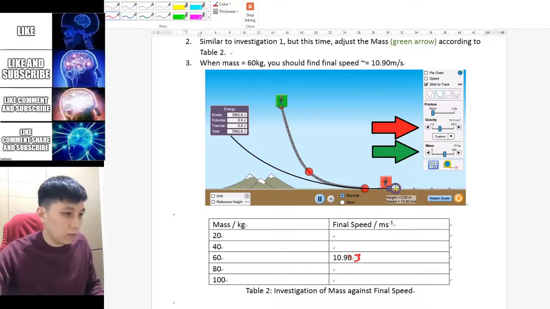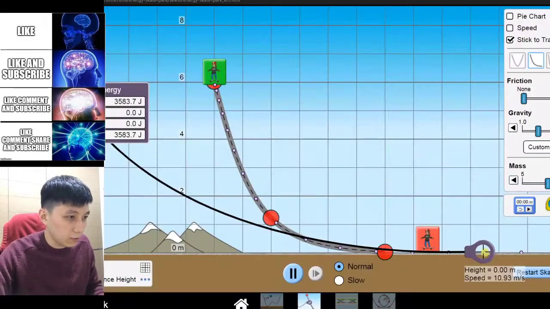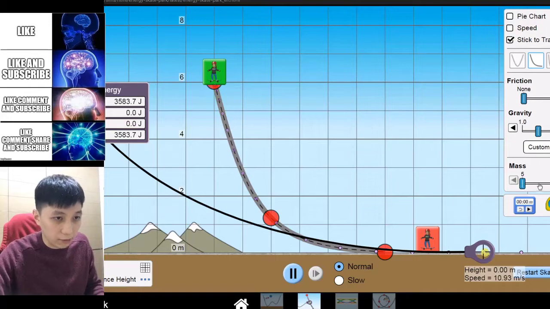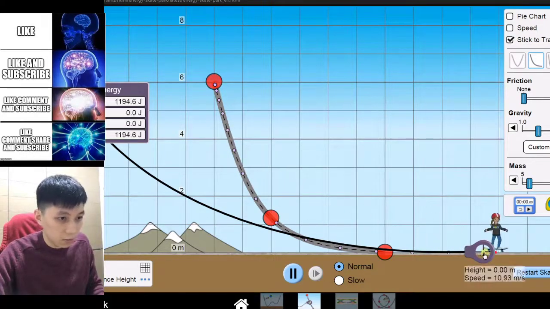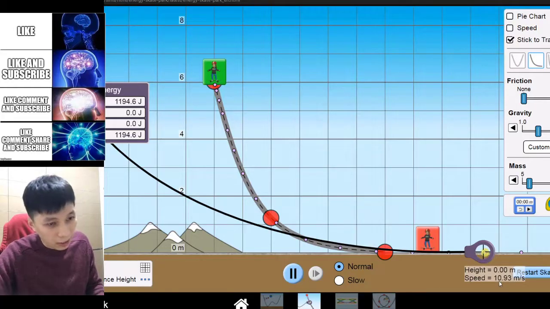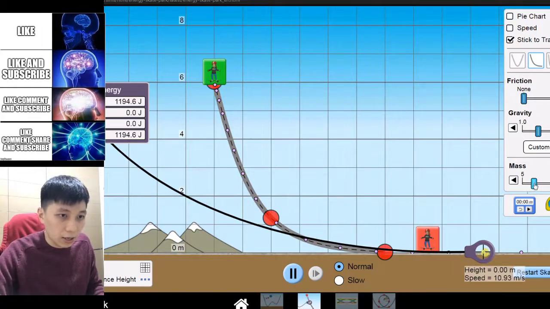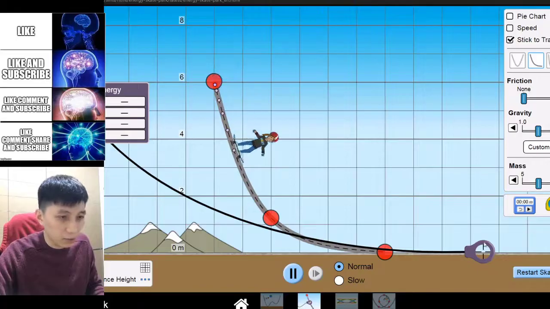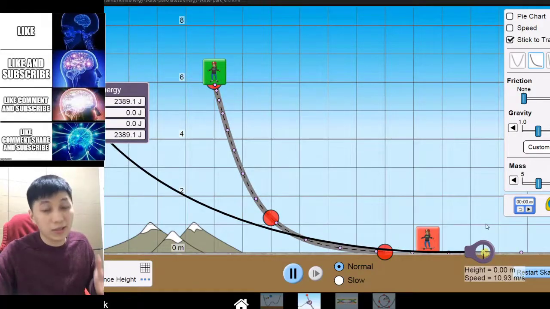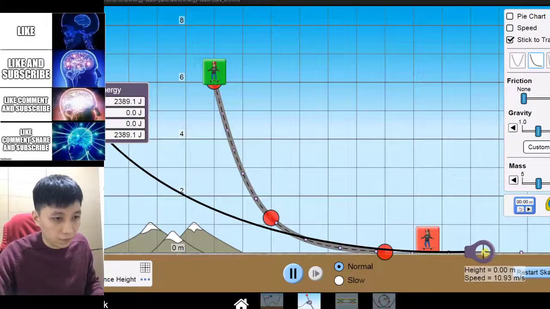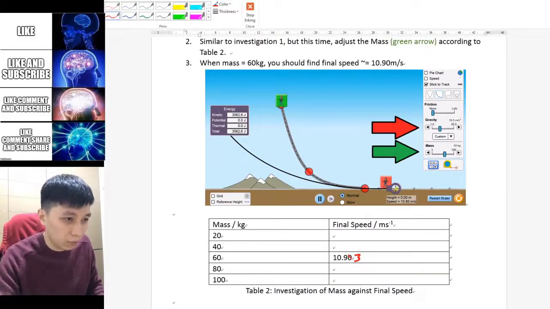So maybe, if you like, you can change it to 3 here. And then the other thing you simply have to do is to change the mass accordingly. So let's start with 20. Okay, and you'll find 10.93, and in fact, since you have done it, I suppose you should find this one is always 10.93. So I actually don't bother to try.